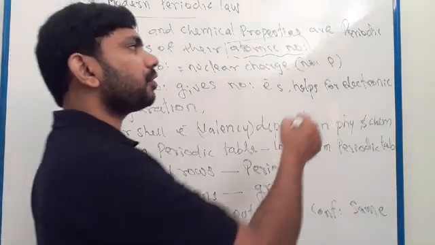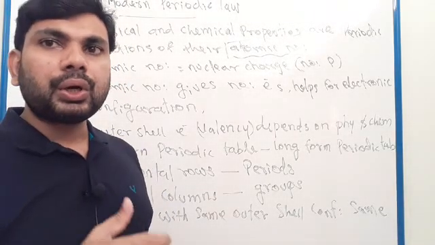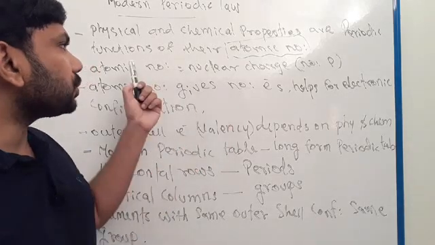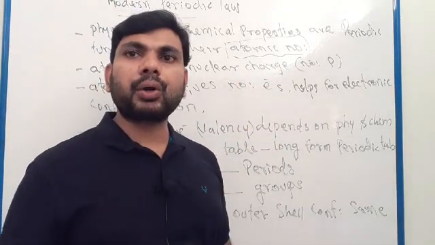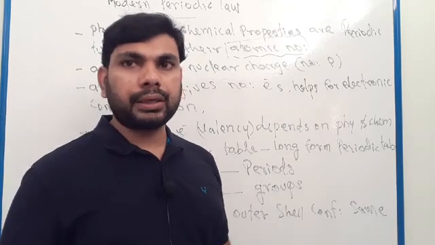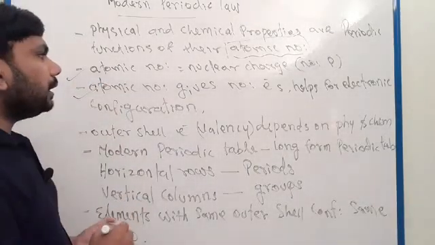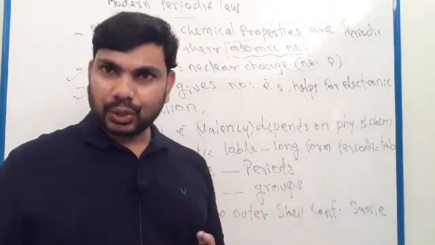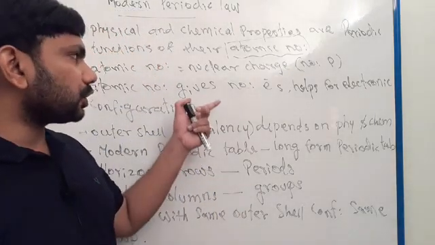Nuclear charge means number of protons. Inside the nucleus there are neutrons and protons. So atomic number equals nuclear charge because atomic number equals number of protons. Atomic number is also called proton number. Also, in a neutral atom, not in ions, atomic number equals number of electrons.